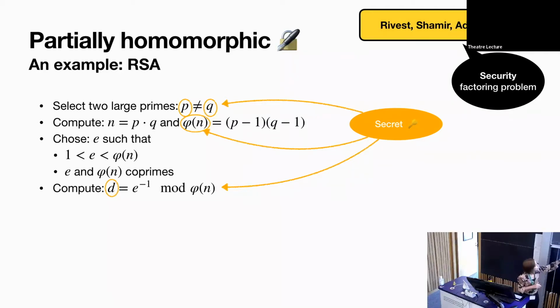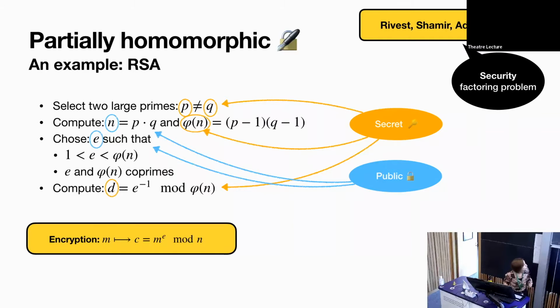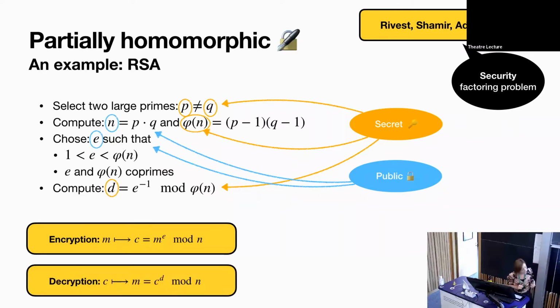And also you compute d, which is the inverse of e modulo phi of n. So you publish n and e, and you keep secret p, q, phi of n and d. So encryption, as you might already know, you do by computing the message to the power of e modulo n, and you decrypt by putting the ciphertext to the power of d modulo n. I'm not revealing anything new.